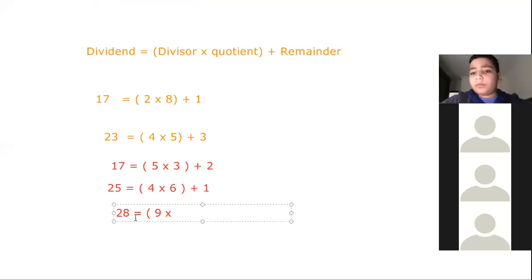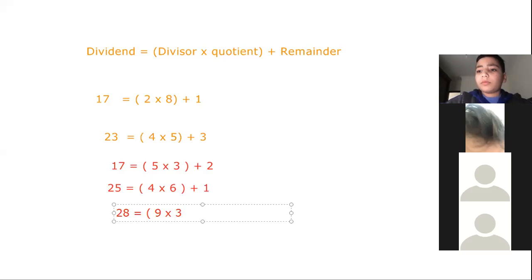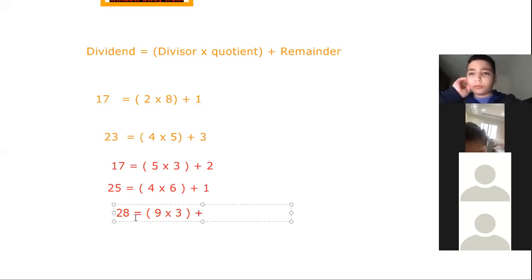What do you think, Ali? 9 times what? 9 times 3 is 27. Very good. Plus a remainder 1. Very good, Ali. Thank you, Ali Hamoud.